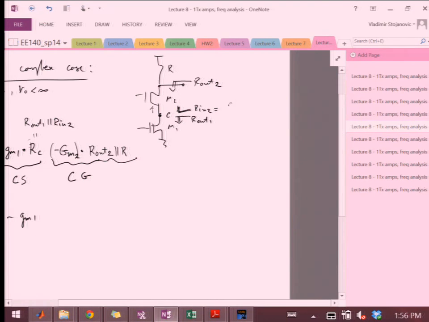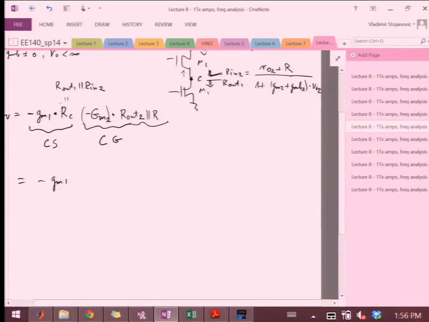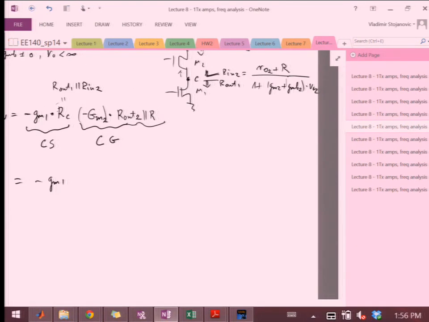So I'll write it over here. So it's R02 plus R, which is this RD. And then R out 1 will be just R01.